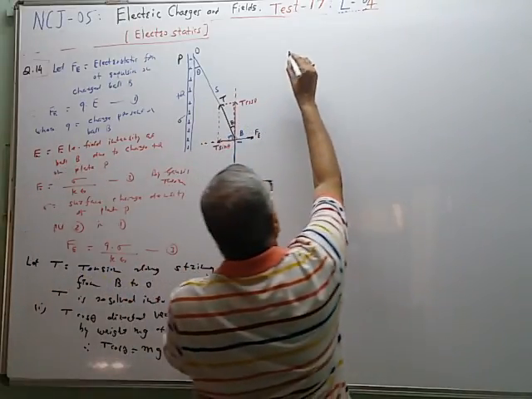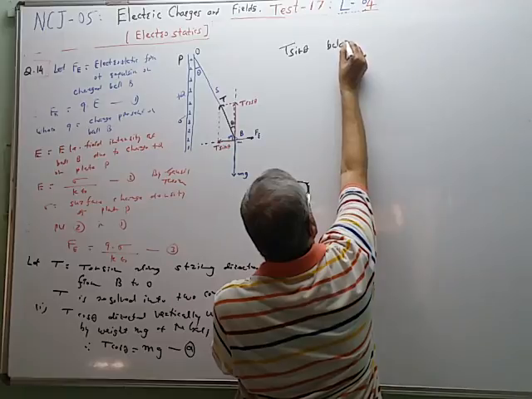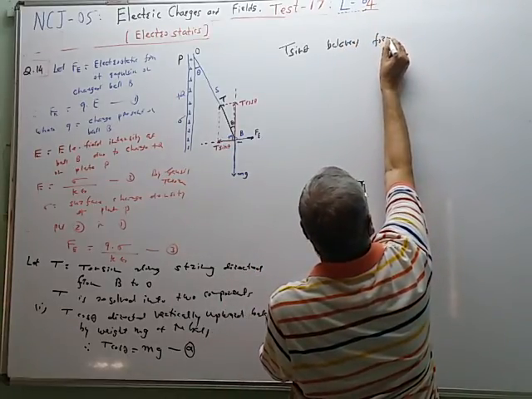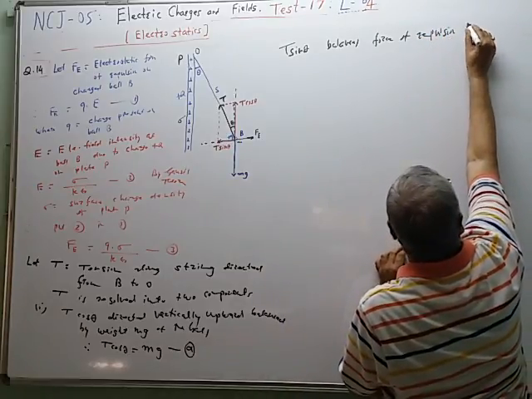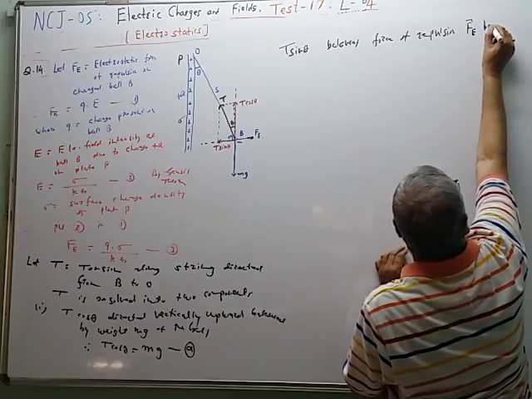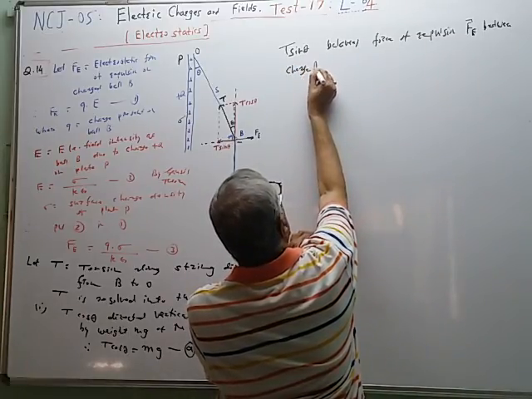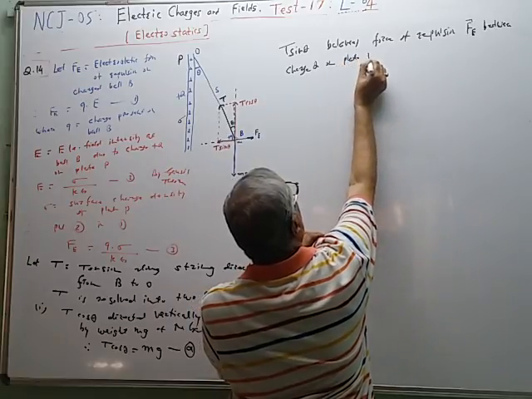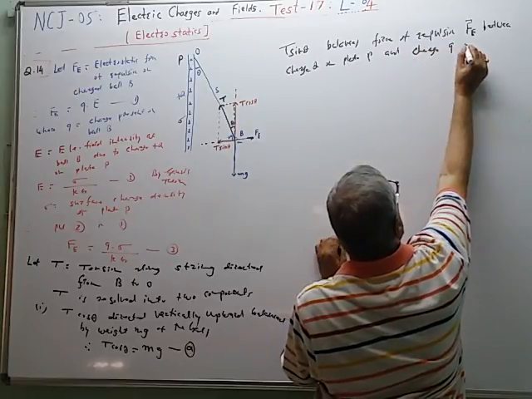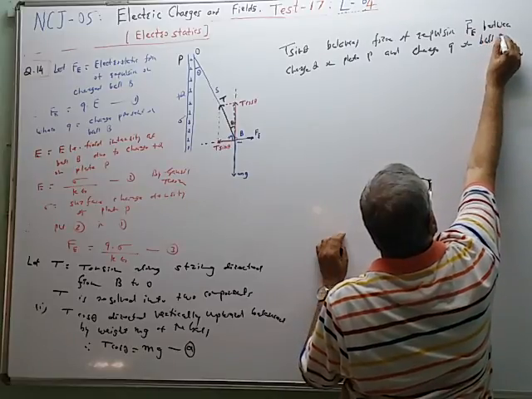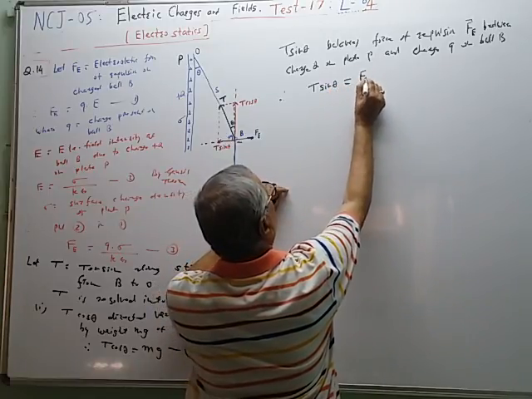Now T sin theta balances the force of repulsion Fe between charge capital Q on plate P and charge small q on ball B. That is, T sin theta is equal to Fe.